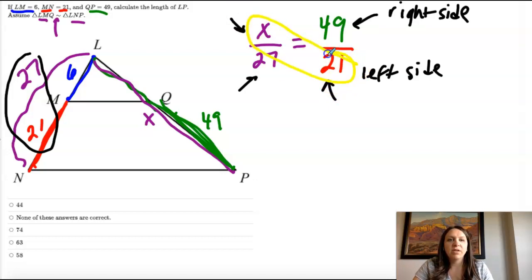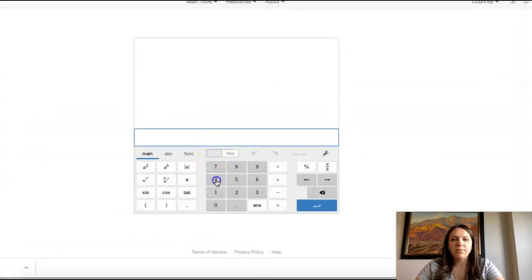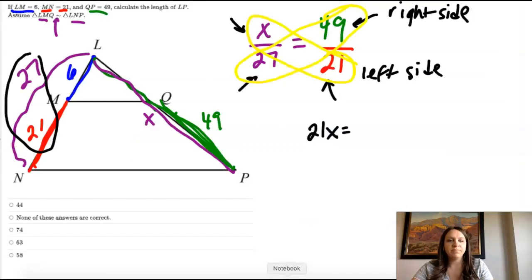So I have 21x equals 49 times 27. I'm on Desmos, which is 1323.